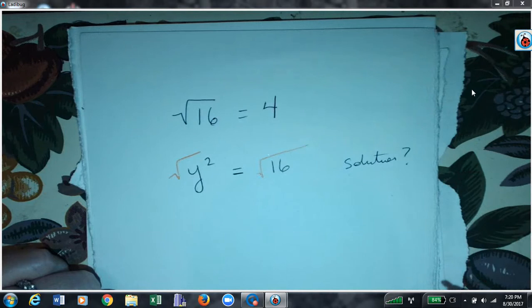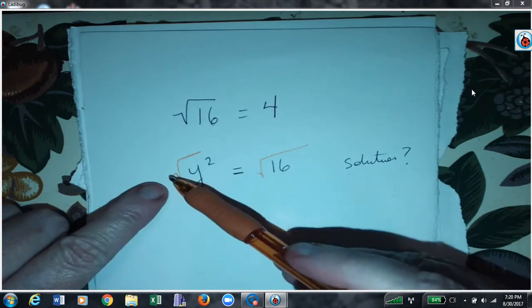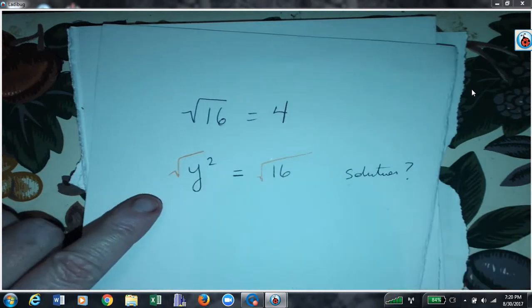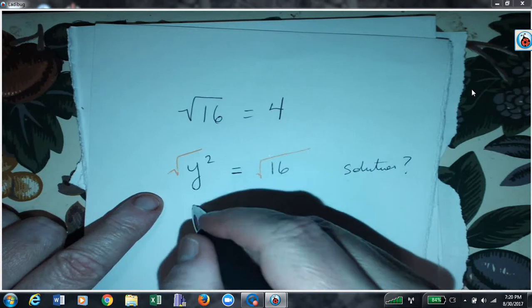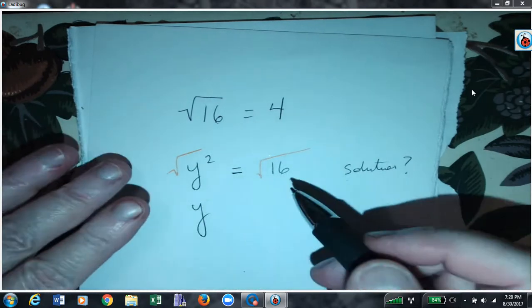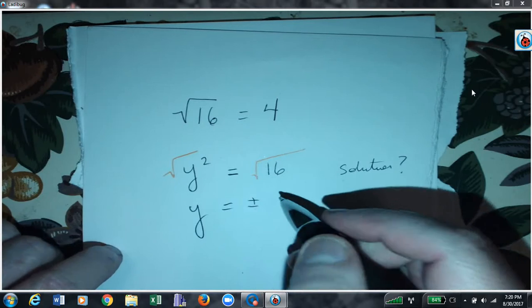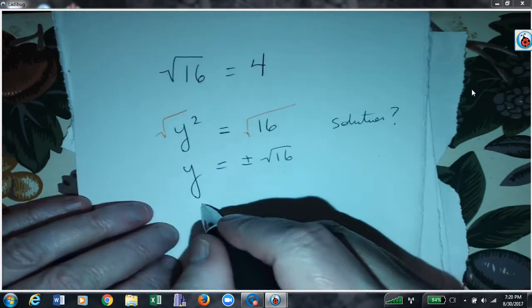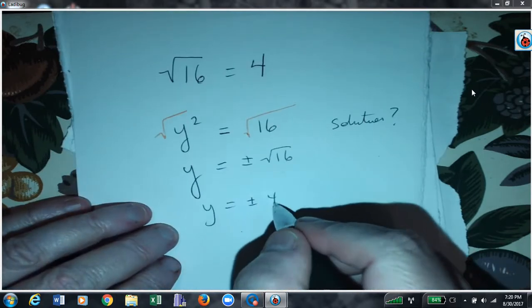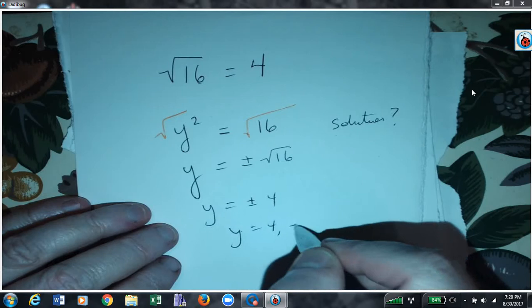As long as I do the same thing to both sides, I'm okay. A square root undoes the square, and so that gets me to y. But when you take even roots of both sides, which in this case I have, it gives you 2 selections. So y is equal to 4 or negative 4.